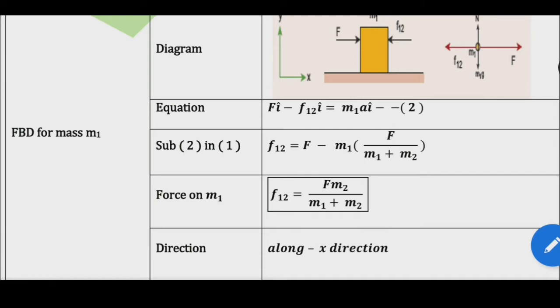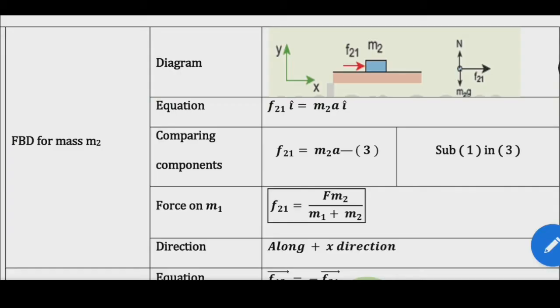And this force is along the minus x direction. Now the free body diagram of the block of mass m2. Applying Newton's second law for mass m2, we get the equation F21 i cap is equal to m2 A i cap.